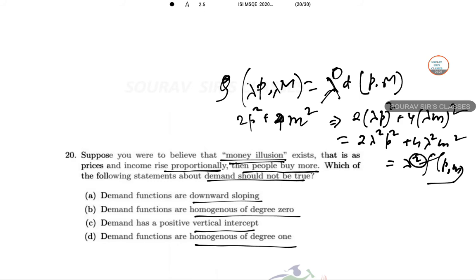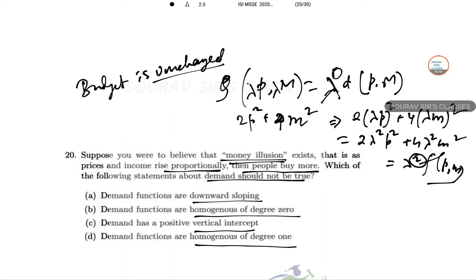Now in general, demand functions, as given in this case, have a homogeneous of degree 0 structure. Why? Because for any good the budget remains the same. The budget is unchanged.